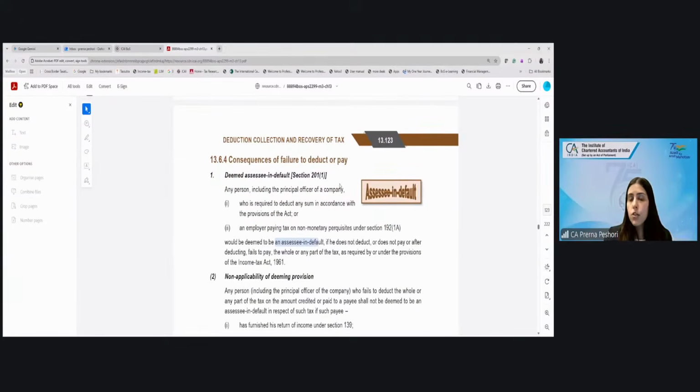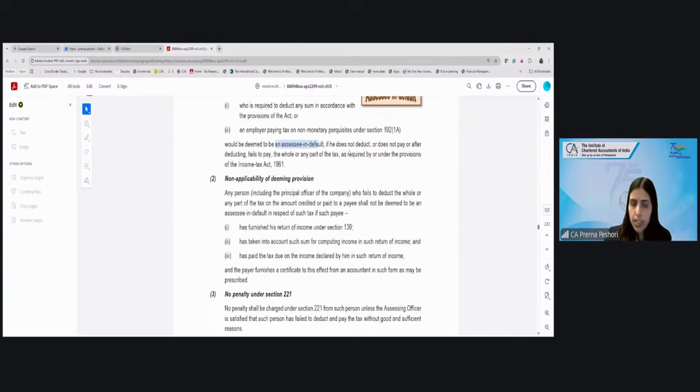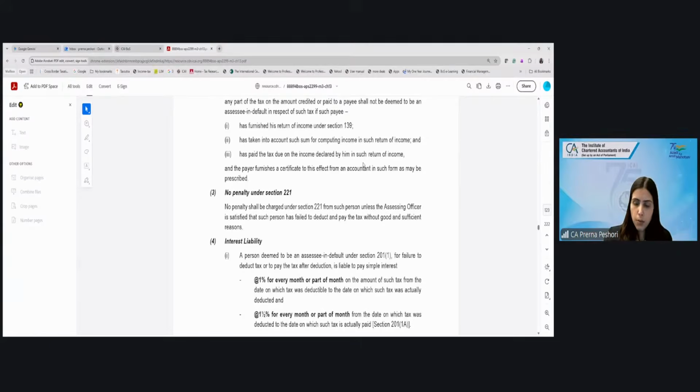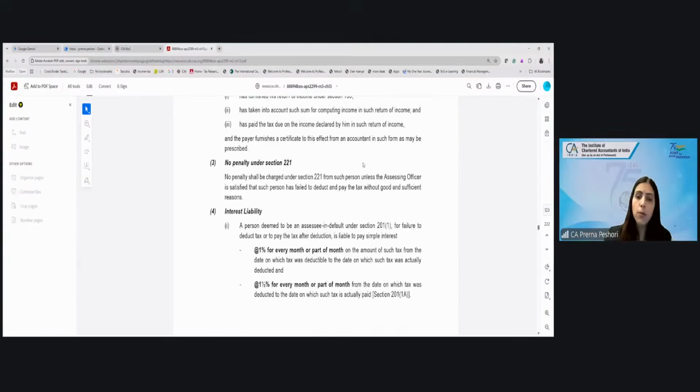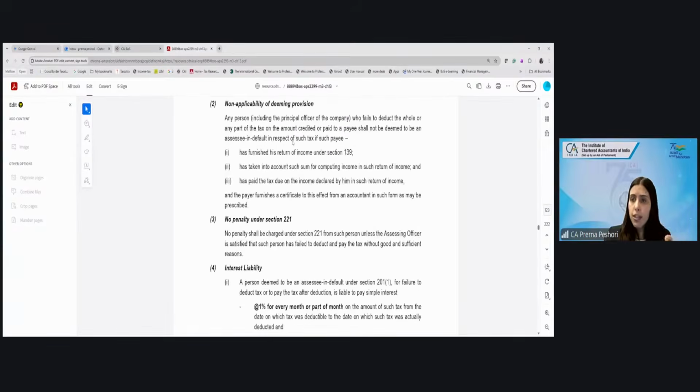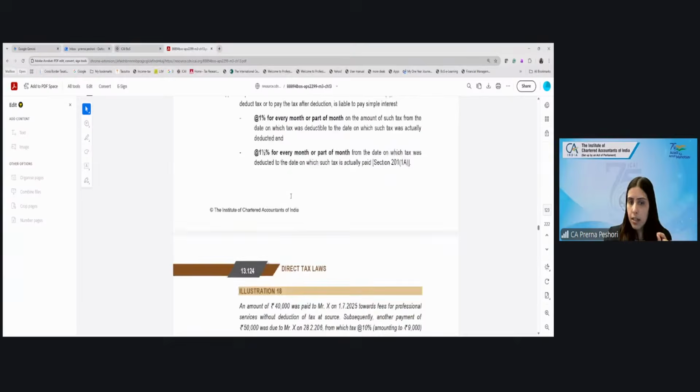Which means there will be interest that he will have to pay, which is 1% for every month or part of the month for which the tax was not deducted, and 1.5% for which the tax was deducted but not paid. This is not applicable if the payee has furnished the return of income, has taken into account the income, and has paid the tax on that income.